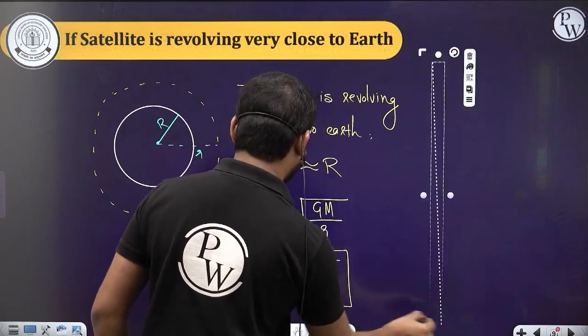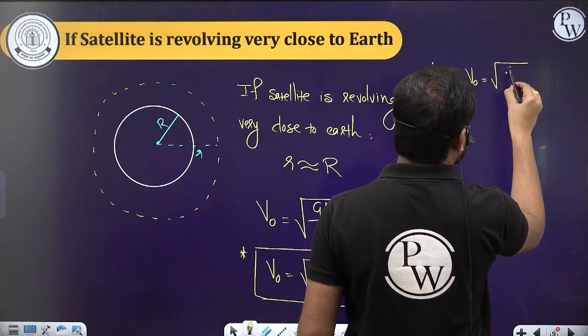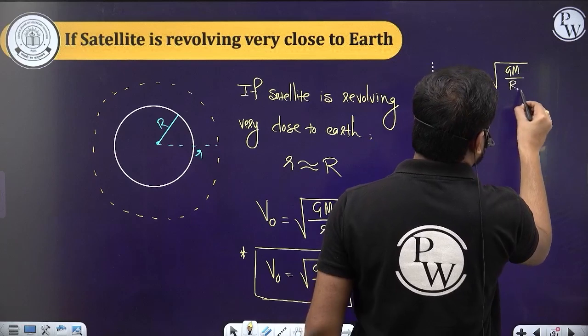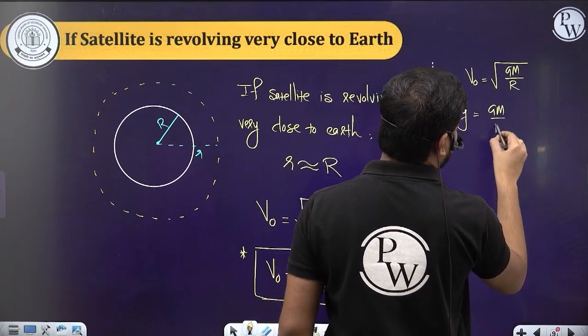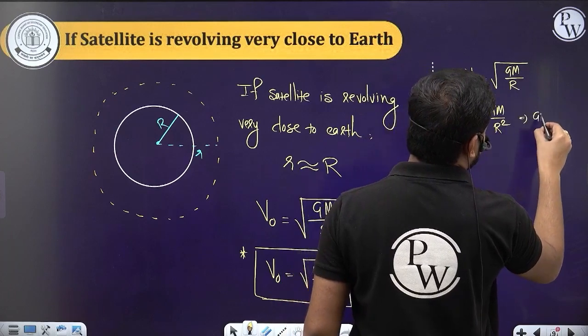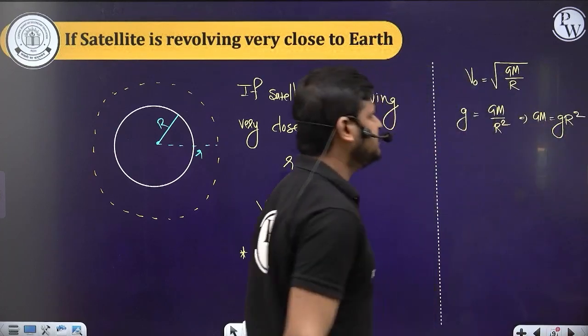We have got the orbital velocity equal to root over GM by r. We know that g is equal to GM by R square. So GM is equal to gR square.